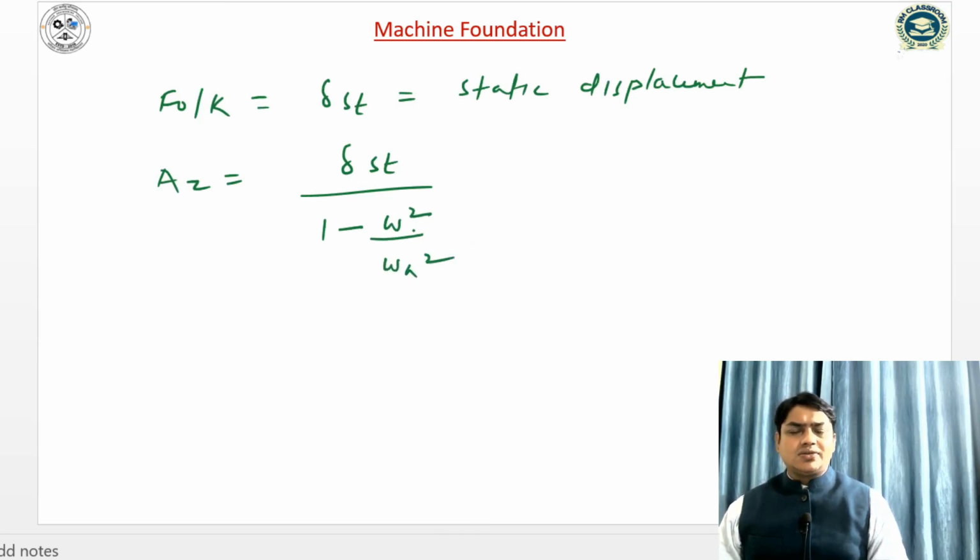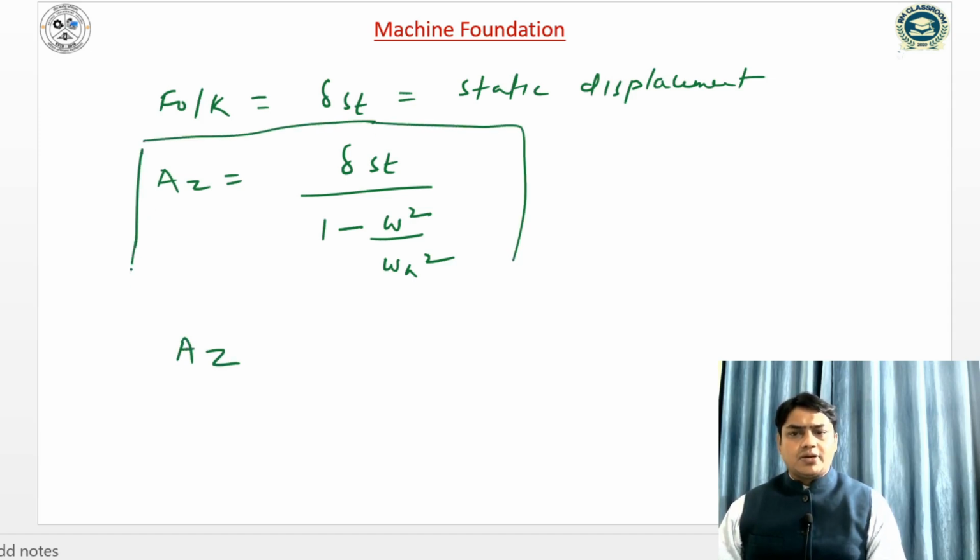And we know that the ratio of the operating frequency to the natural frequency is the frequency ratio. This is also an expression we have to remember: Az is equal to delta st divided by 1 minus r square.